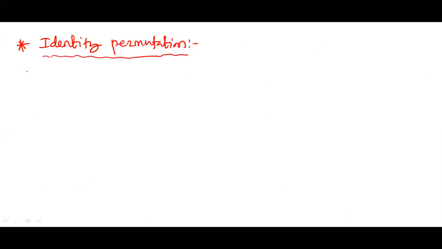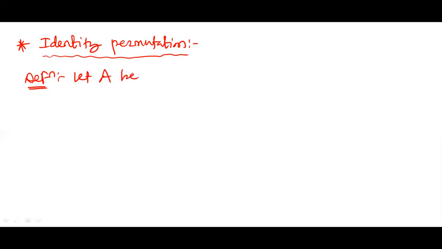Now we see what is meant by identity permutation. Definition.